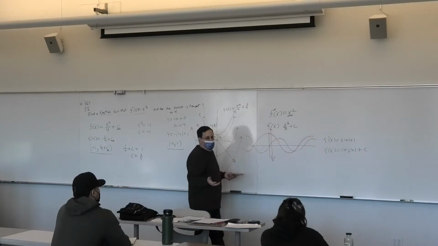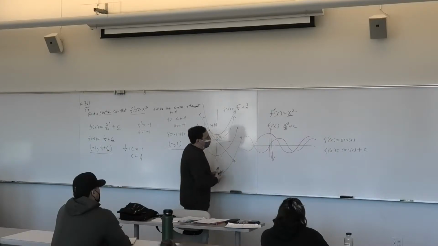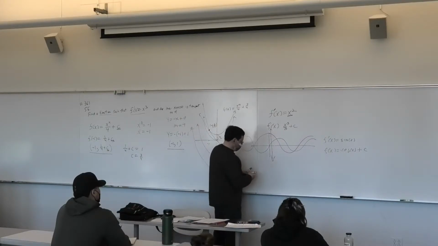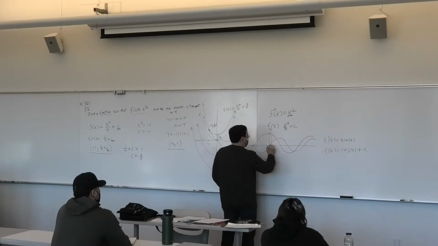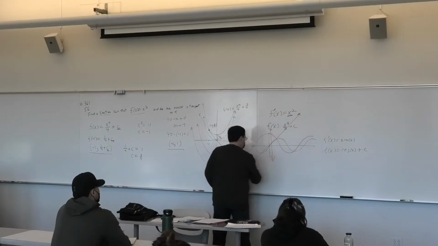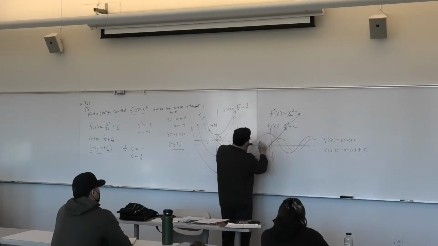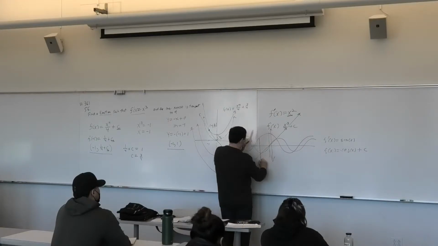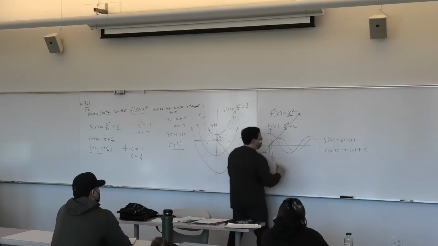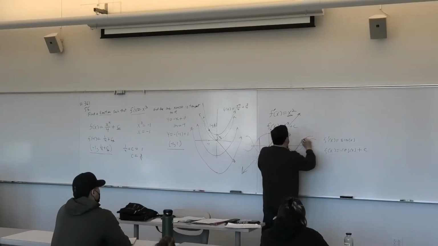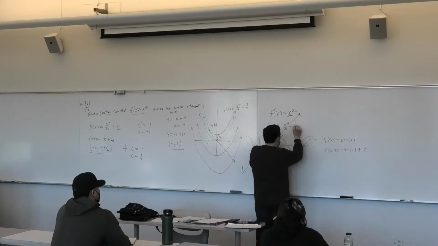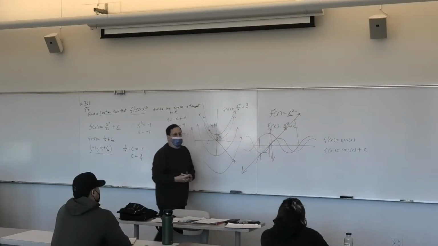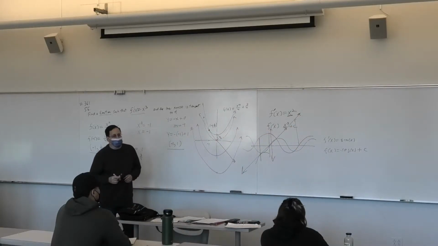So I can give you a line, and let's just use the same line. The diagram's getting a little complicated. So if I move this down here, that's a solution. But if I move this up here, that's also a solution. Because it's periodic, there's an infinite number of different solutions.